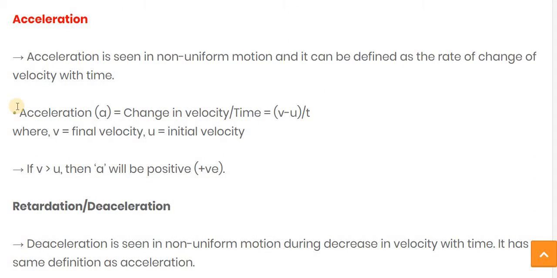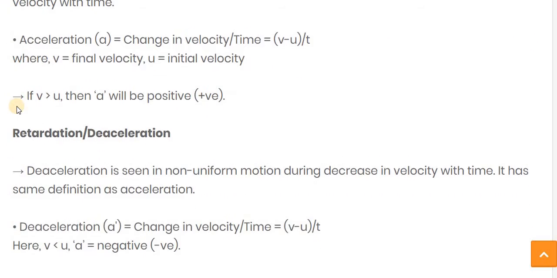Now let's see acceleration. Acceleration is seen in non-uniform motion, and it can be defined as the rate of change in velocity per time. So the acceleration formula is equal to v minus u divided by t, where v is the final velocity, u is the initial velocity and t is the time.